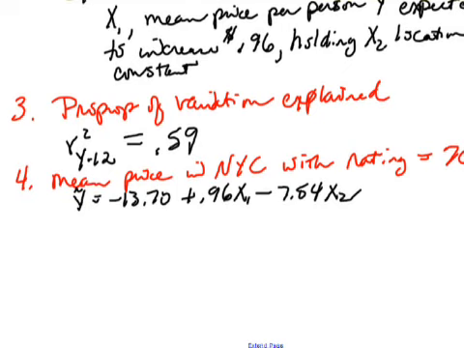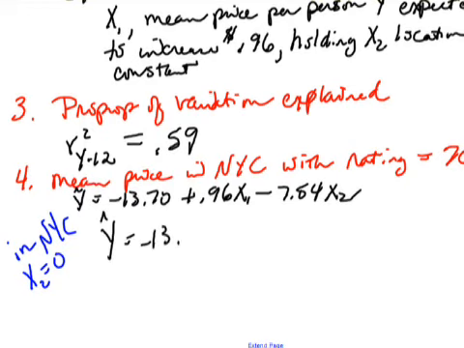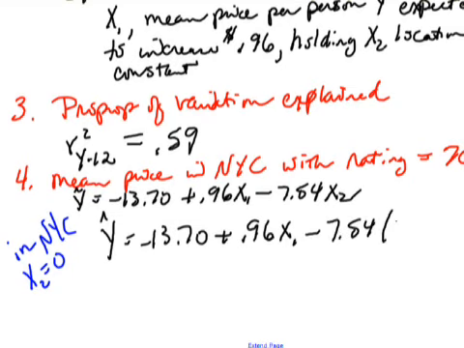So for any restaurant in New York City, where x2 equals 0, again, any restaurant in New York City has a location, x2 equals 0. That term, of course, then drops out. So for any restaurant in New York City, here would be our regression equation.